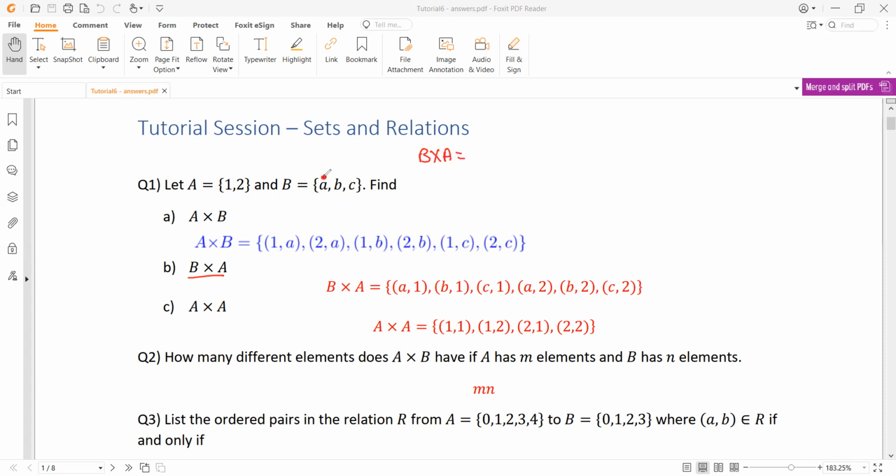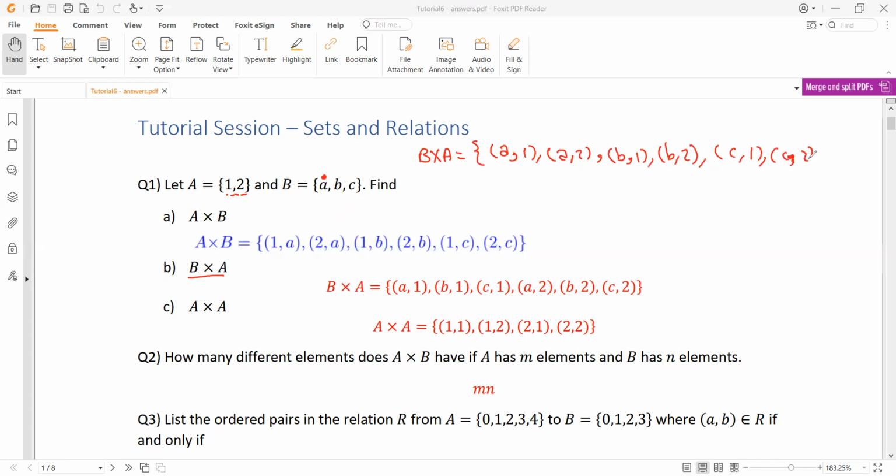So I'm gonna start with element from B, which is A. I'm gonna pair it with the elements that exist inside the set A, which is A with 1 and A with 2, and do the same with the other elements coming from set B. So B with 1, B with 2, and C with 1 and C with 2.